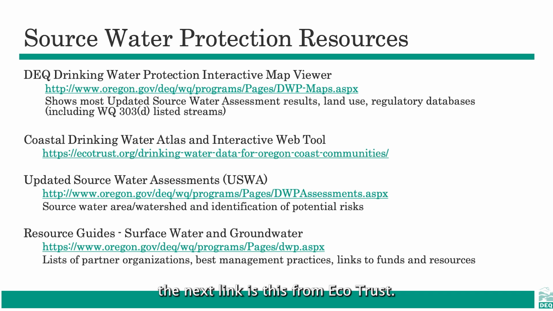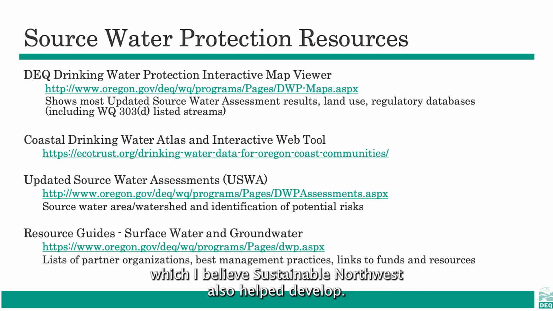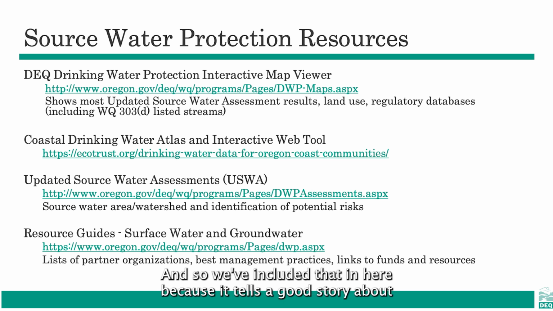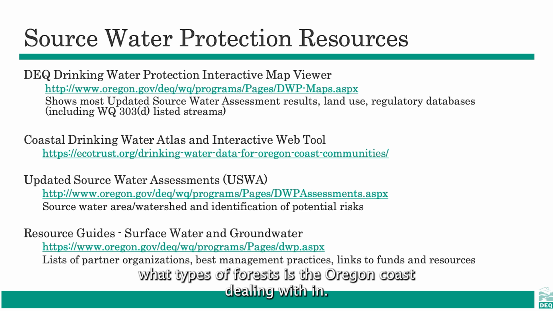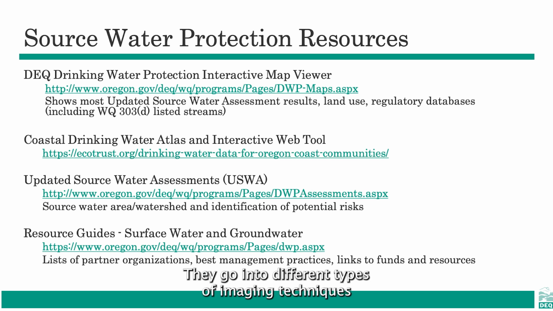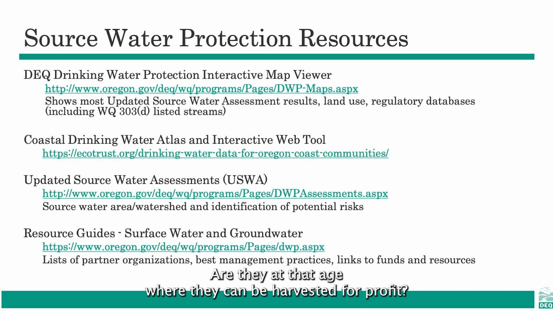The next link is from EcoTrust. It's a coastal drinking water atlas and interactive web tool, which I believe Sustainable Northwest also helped develop, and we've included that in here because it tells a good story about seeing a need for understanding what types of forests the Oregon Coast is dealing with, and they go into different types of imaging techniques and how old our forests are, are they at that age where they can be harvested for profit?